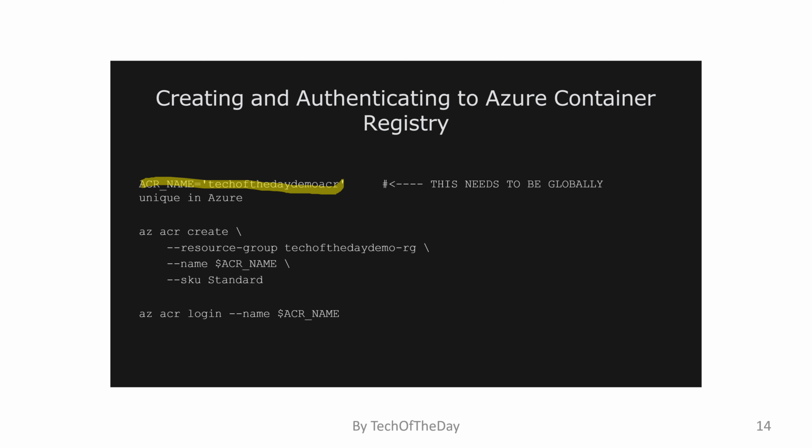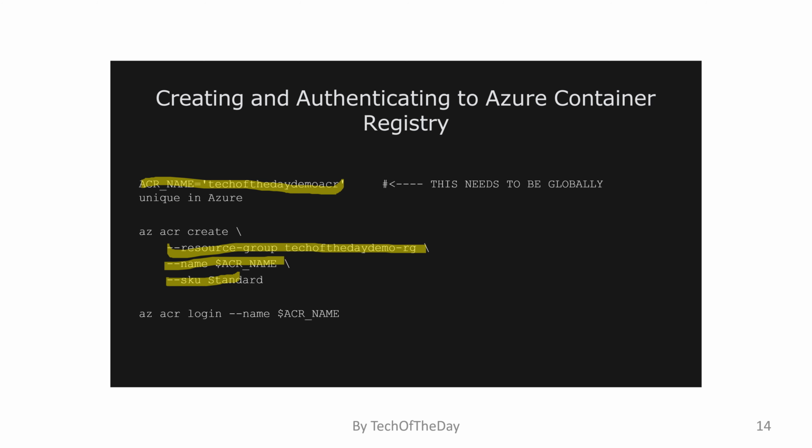that we will use to access this Azure Container Registry. To create an Azure Container Registry, use the command az acr create, then you specify the resource group name, and here we are going with the tech of the day demo RG, and then you specify the name, and then you specify the SKU, which is Standard here.